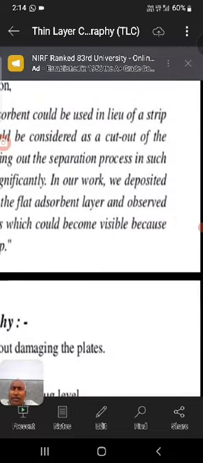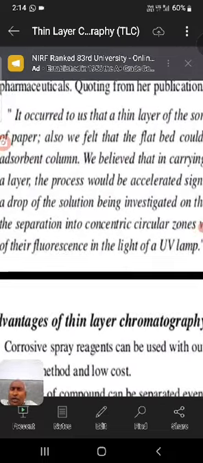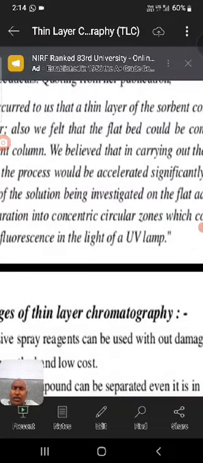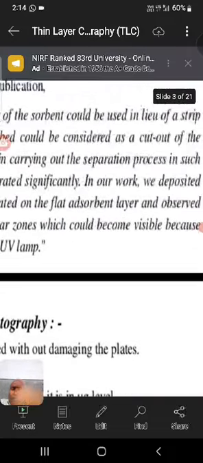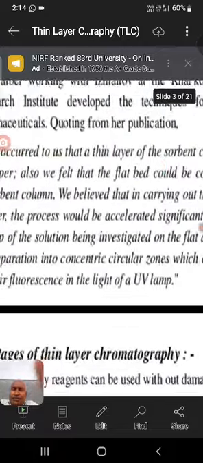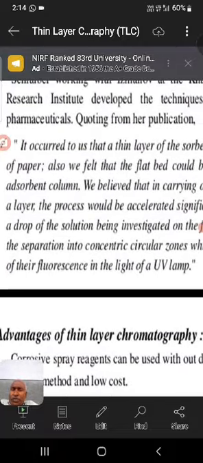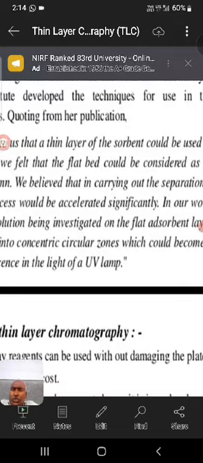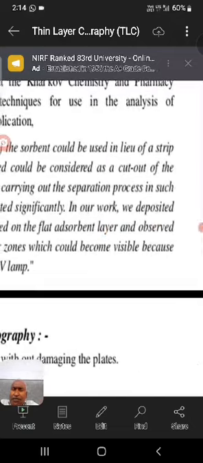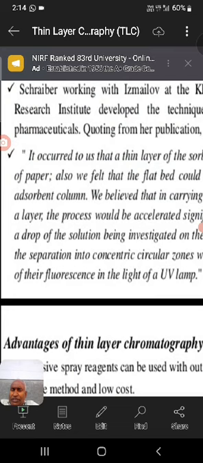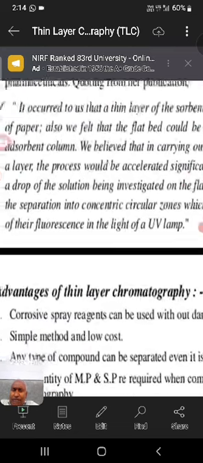In their work, they deposited a drop of the solution being investigated on the flat adsorbent layer and observed the separation into concentric circular zones, which were visible because of their fluorescence in the light of a UV lamp.